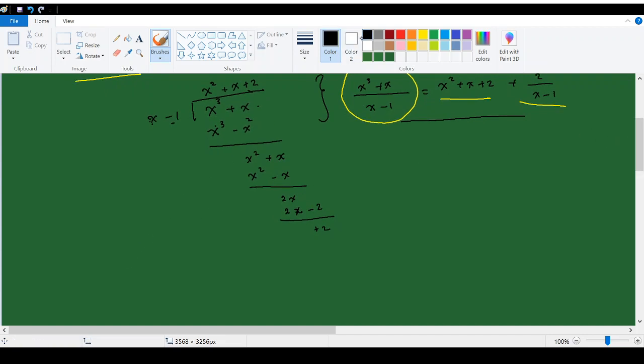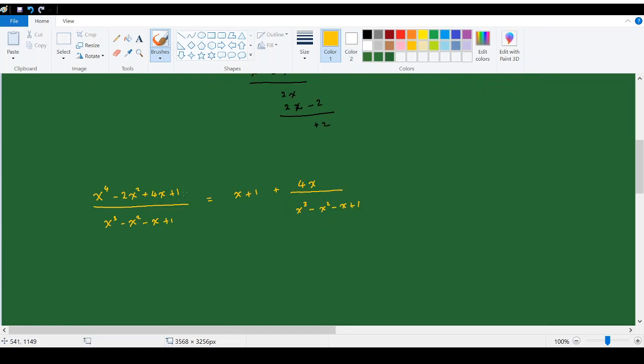Now, for example, if we consider this example, see here it is also an improper fraction because the degree in the numerator is 4, the degree in the denominator is 3. So by doing the long division, we can rewrite this expression like this one, right? But this is not the correct partial fractions for the given expression.